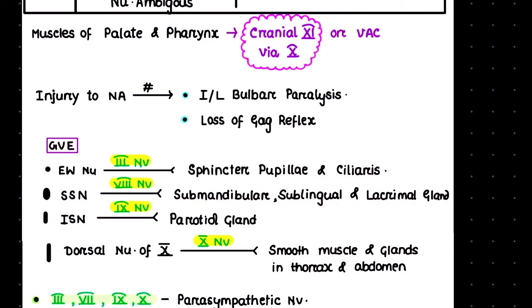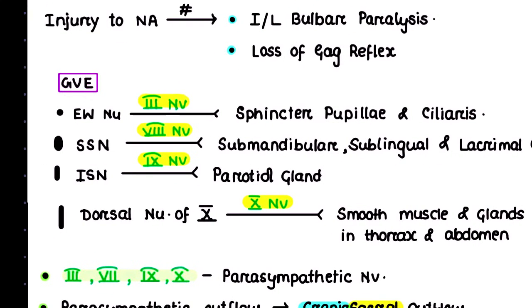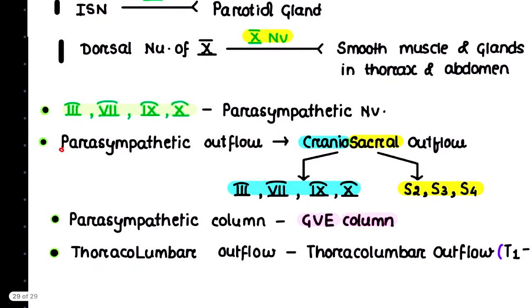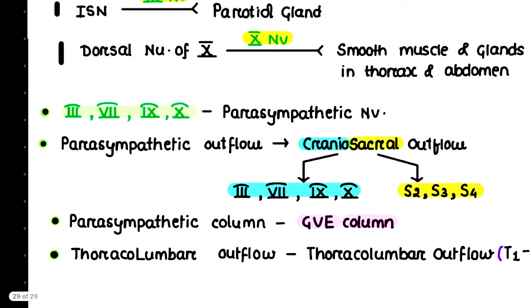So if you look carefully, you will find which nerve nuclei they are going with: 3, 7, 9 and 10. And if you recall the fact about parasympathetic outflow, these are the craniosacral outflow. The cranial regions that it comes out from are 3, 7, 9 and 10, and the sacral are S2 to S4.